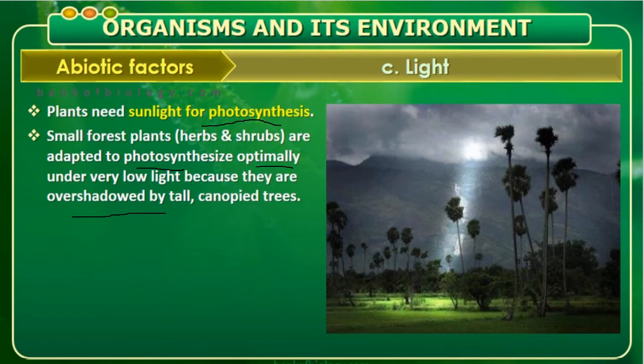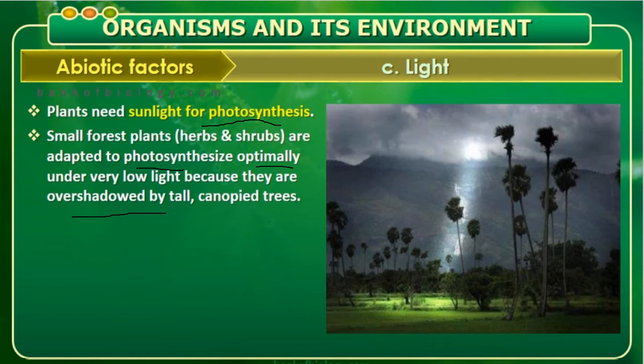Canopy means big trees that cover the sun rays. So the plants growing under their shadow also make use of whatever light they require. Means optimum light, and by that the growth can be seen.